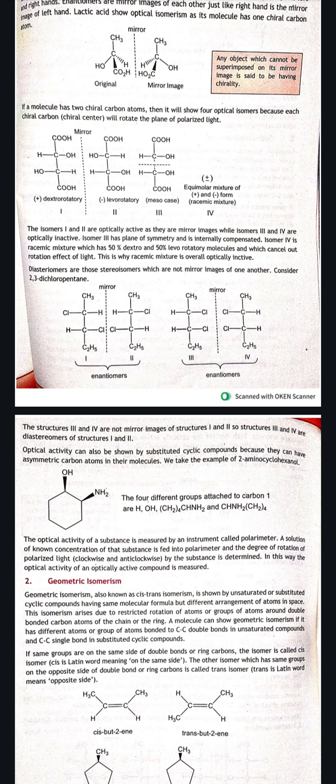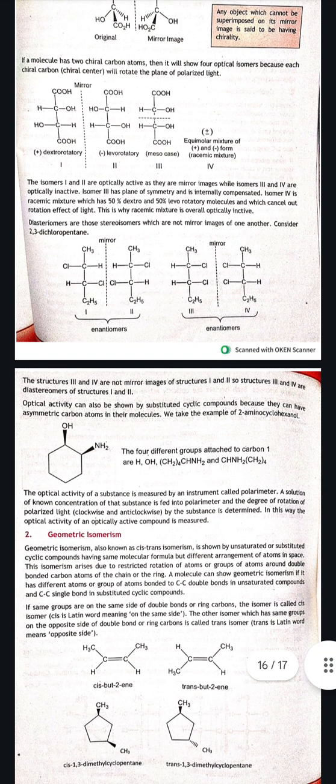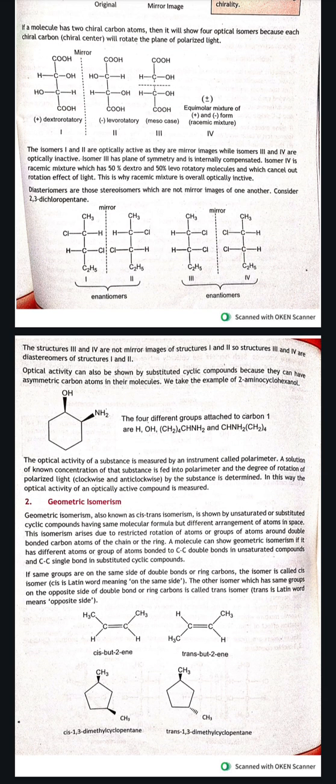An object which cannot be superimposed on its mirror image is said to have chirality. If a molecule has 2 chiral carbons, then it will show 4 optical isomers because each chiral carbon will rotate the plane of polarized light. So like this is the case with the first one, which is dextrorotatory, and it also has a mirror image.